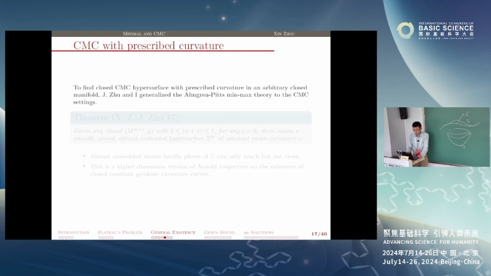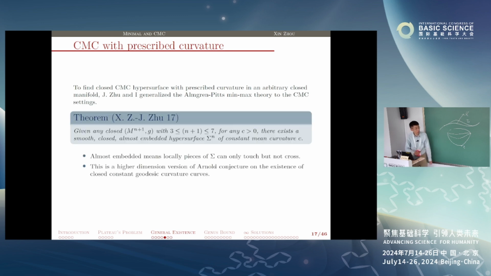Yeah, a couple years ago, with Jonathan Zhou, we investigated this problem. We want to find a closed constant mean curvature hypersurface with prescribed curvature in an arbitrary closed manifold. We generalized the Almgren-Pitts min-max theory to the CMC setting. We were able to prove the following. Well, I proved this for lower dimensions, just to get smooth solutions, but it has been generalized to higher dimensions by others.